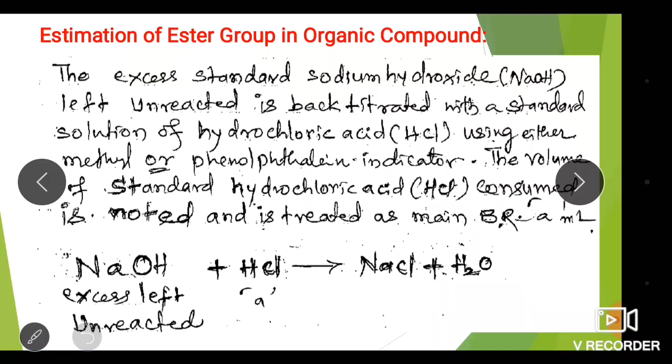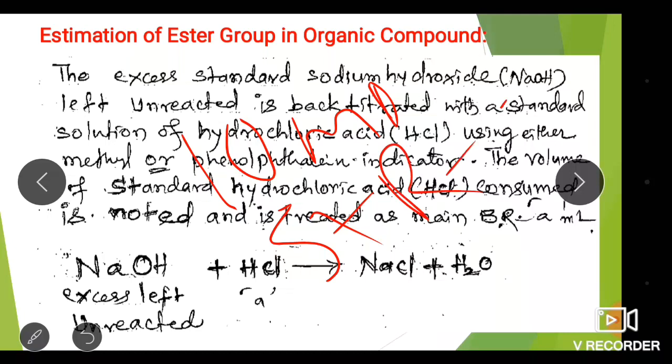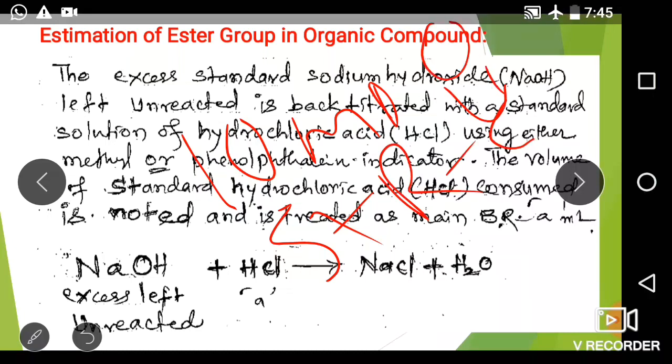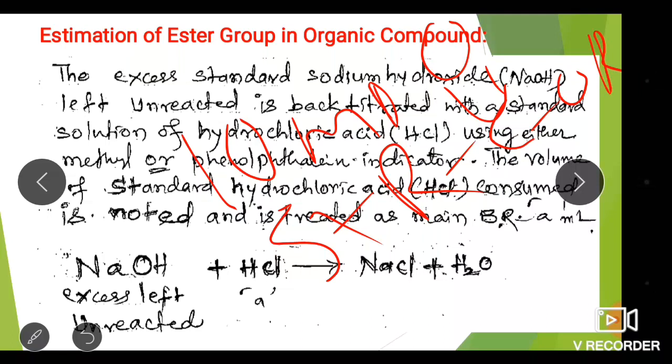After base hydrolysis some amount of sodium hydroxide is left unreacted. Suppose we have taken 10 ml of sodium hydroxide for the reaction, and 5 ml gets consumed by the ester group RCOOR'.